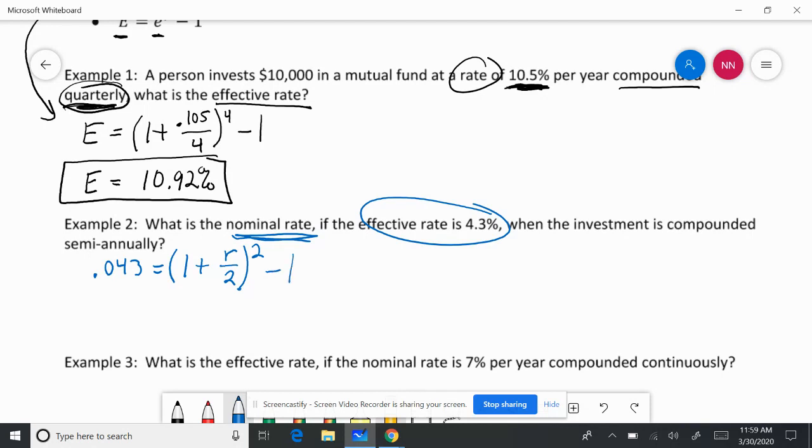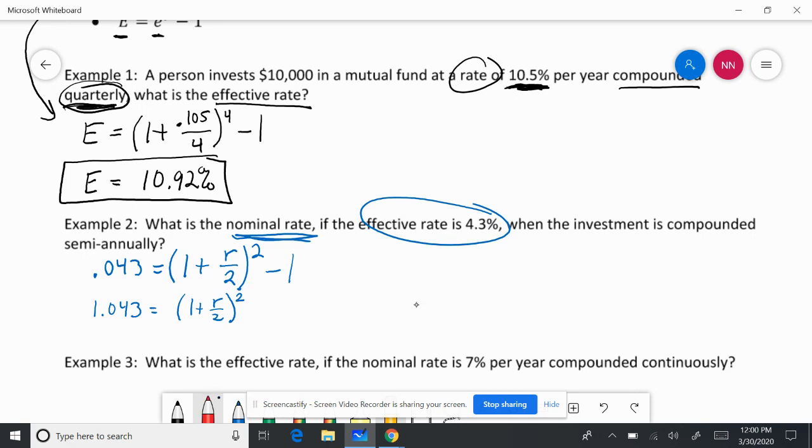And don't forget subtracting 1. Our first step is we're going to add the 1, so we get 1.043 is equal to our 1 plus r over 2 squared.